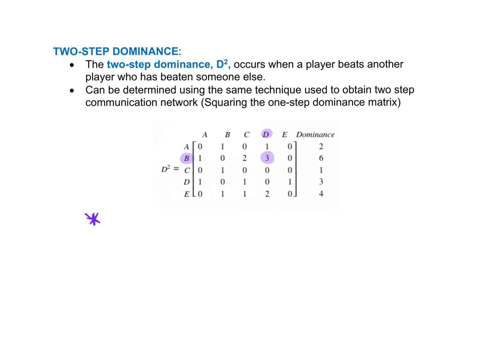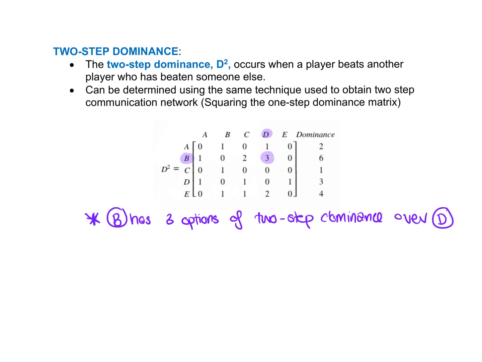What that's saying is that B has 3 options of 2-step dominance over D. If we want to set them out, you would go back to who B could beat. B can obviously beat 3 people who can beat D.